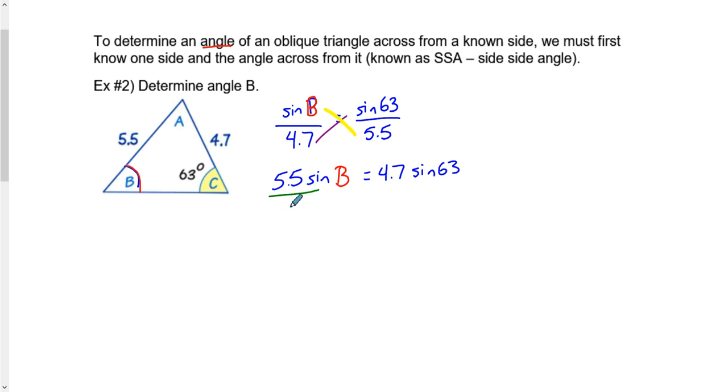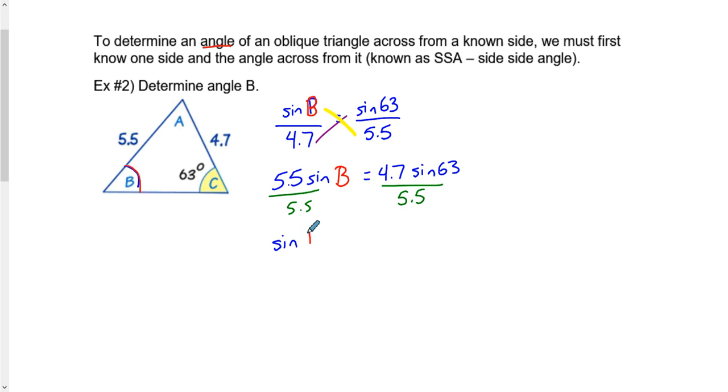I'm then going to have to divide by 5.5 to get the sine of b all by itself, because that b is directly, oh, sorry, not sine. That's directly attached to there. We can't get rid of it until we get rid of everything else attached to it. Dividing by the 5.5.